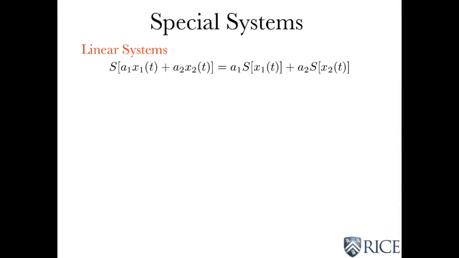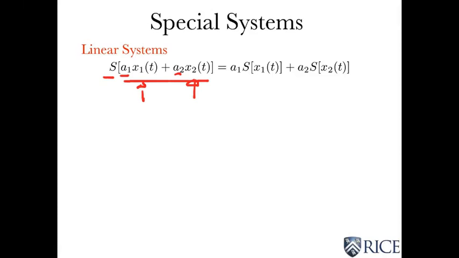All right, let's talk about special cases, special systems. And perhaps one of the most important are linear systems. Let's look at this. So we have a system S. If it is linear, if you take an input that consists of a sum of signals, x1 is a signal, x2 is a signal, and a1 and a2 are scalars, constants.